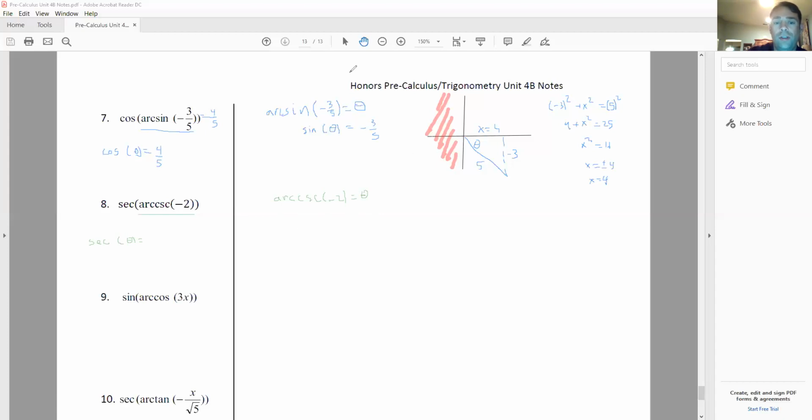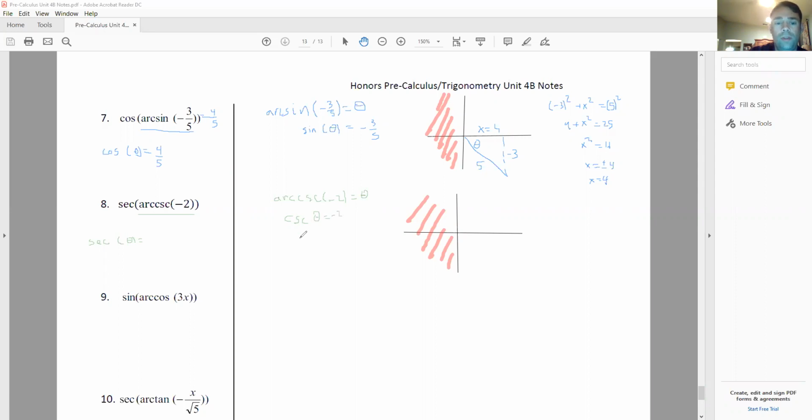So arc cosine equals some angle. Arc cosine, that'll be the same thing as arc sine. So I'm dealing with 1 and 4. So I'm going to cross that off there. So that means that I'm dealing with cosecant of theta equals -2.